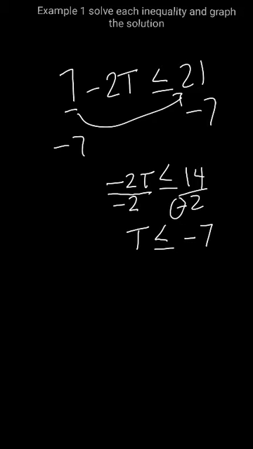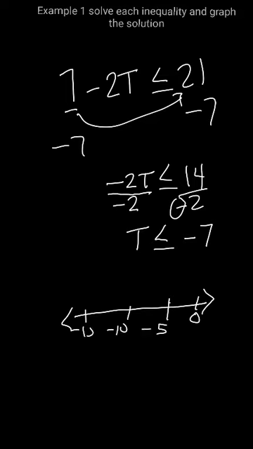Remember, if we have an odd number of negative signs, my answer is going to be negative when we're multiplying or dividing integers. So now I need to graph my inequality. t is less than or equal to negative 7. I'm going to start here, and I'm going to do it in increments of 5, just negative numbers: negative 10, negative 15.